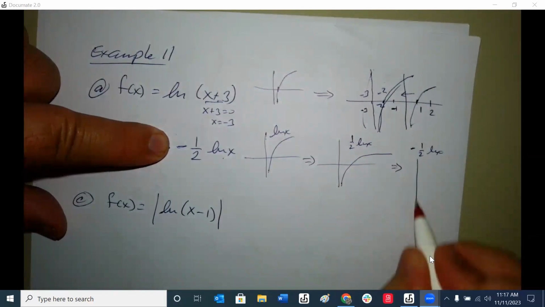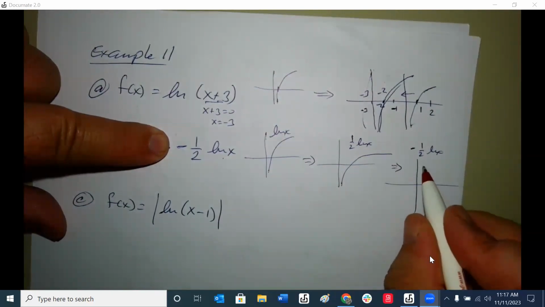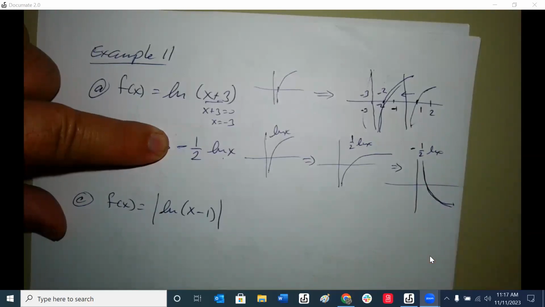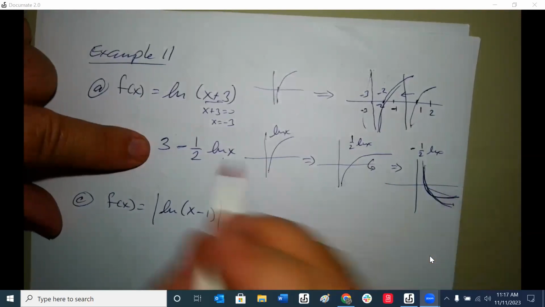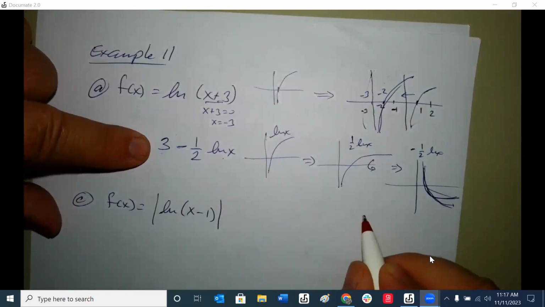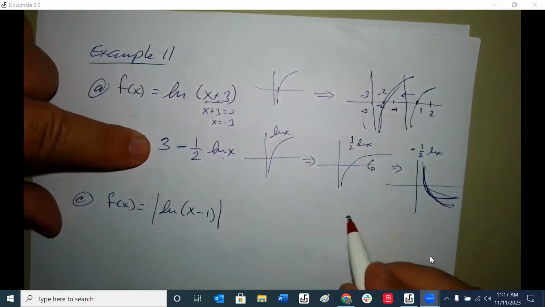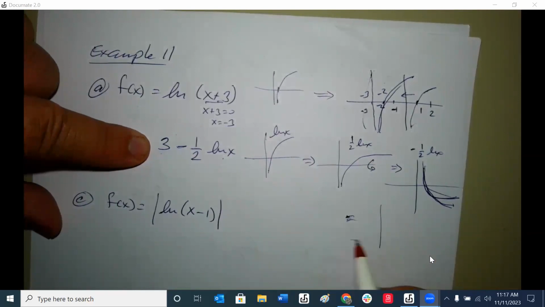Since it's outside, I've got to flip the graph across the x-axis. And then this is the vertical shift: one, two, three. So that's what it looks like.